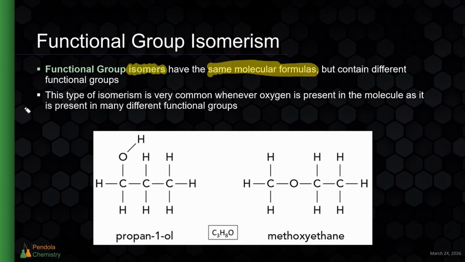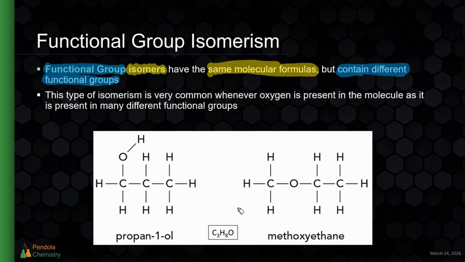What changes here is that they contain different functional groups. If you didn't see that coming, that's pretty obvious, right? Functional group isomers contain different functional groups, even though they have the same formula.